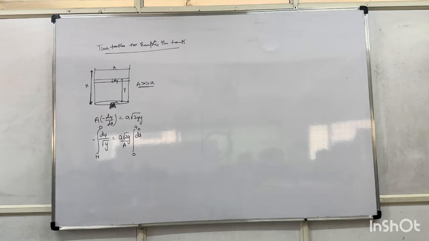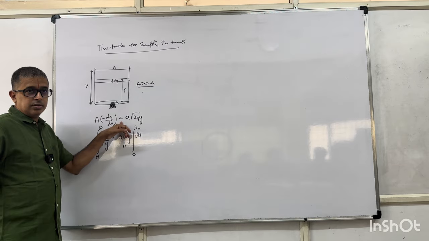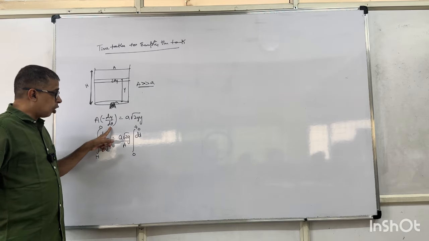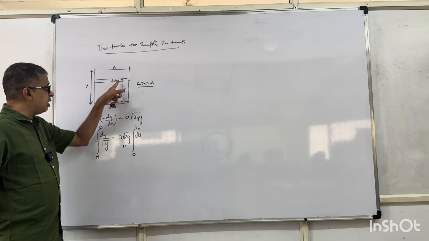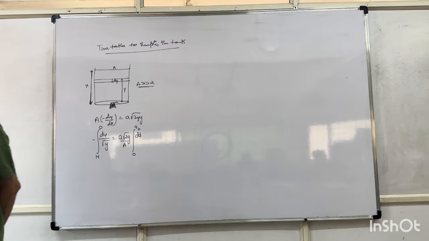The velocity of the liquid is uniform, until it reaches the bottom. I said something here which you missed. In the short time interval dt, y remains constant. Only then can I write here root over 2gy. The moment y changes, this will not be uniform. In that short time interval, velocity can be assumed to be root over 2gy.